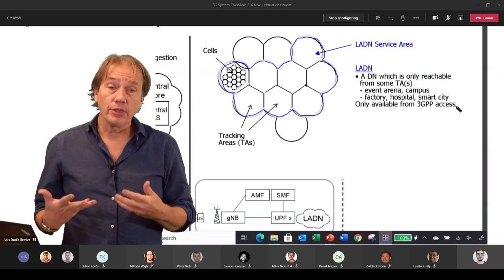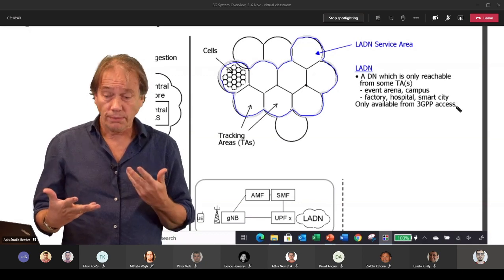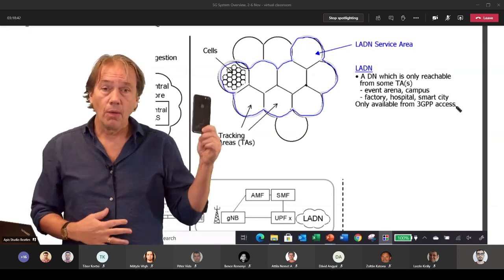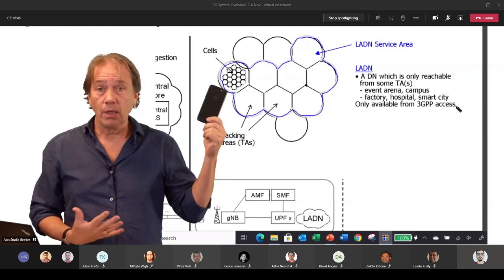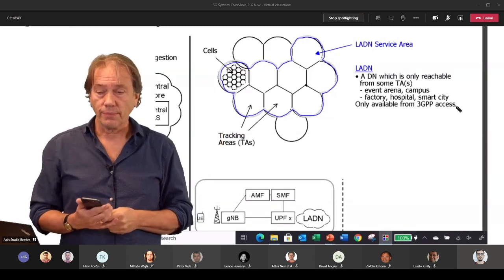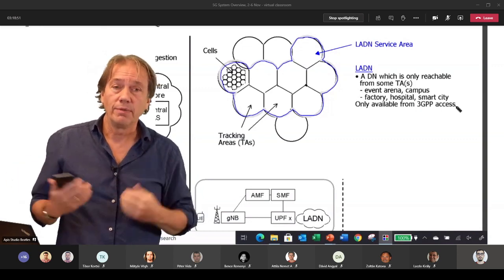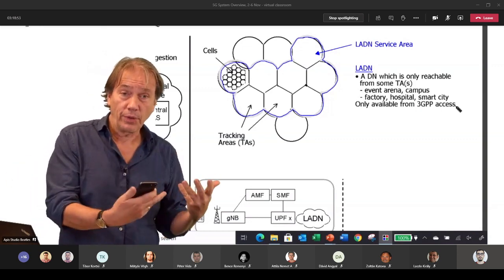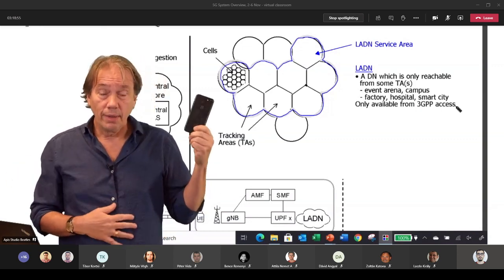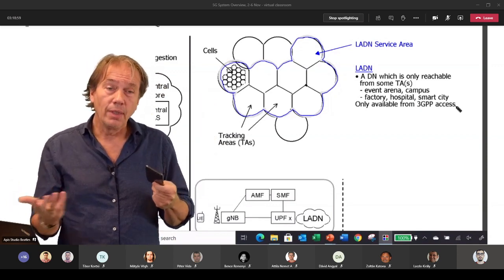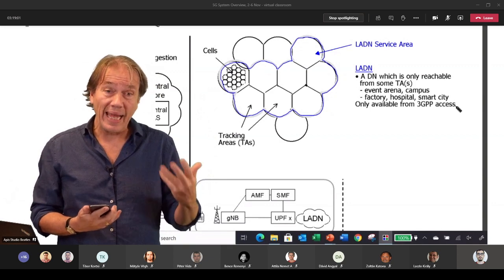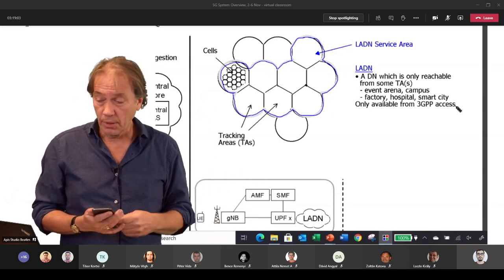Okay, how does a user equipment know which local area data networks are available? Well, kind of as usual, the network will need to inform you that where you are right now, local area data network X, Y, and Z are reachable.